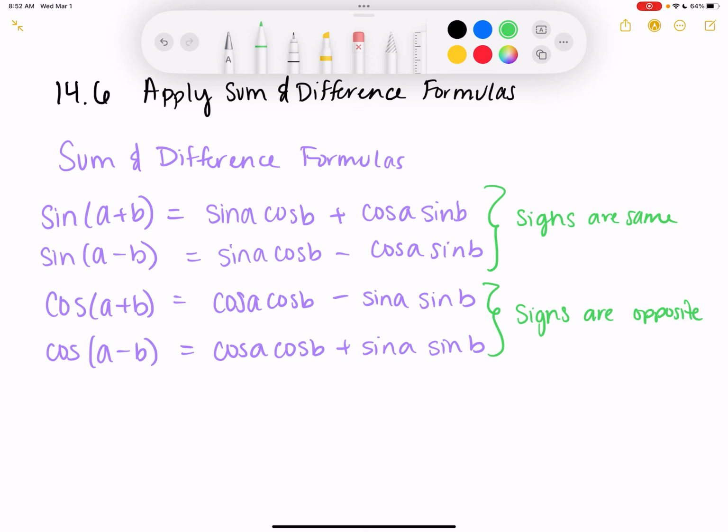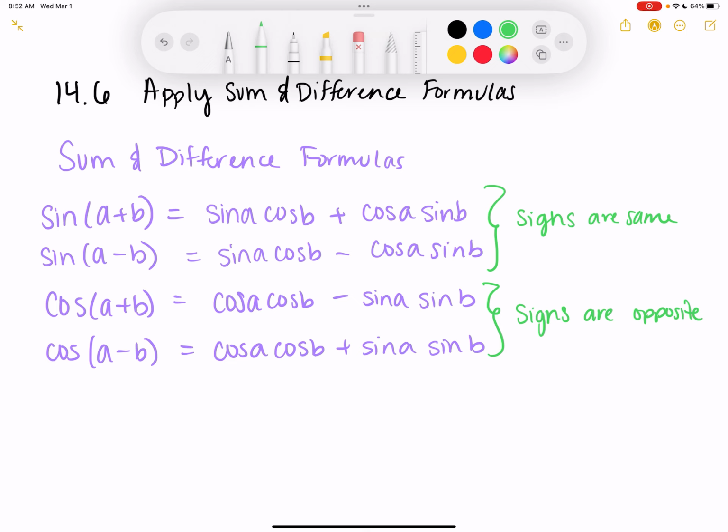When it's cosine of A plus B, it's minus inside, and when it's minus over here, it's plus inside. Tangent looks very different. Sine and cosine, I always remember sine comes first when it's sine. When it's cosine, it's the two cosines and then the two sines.